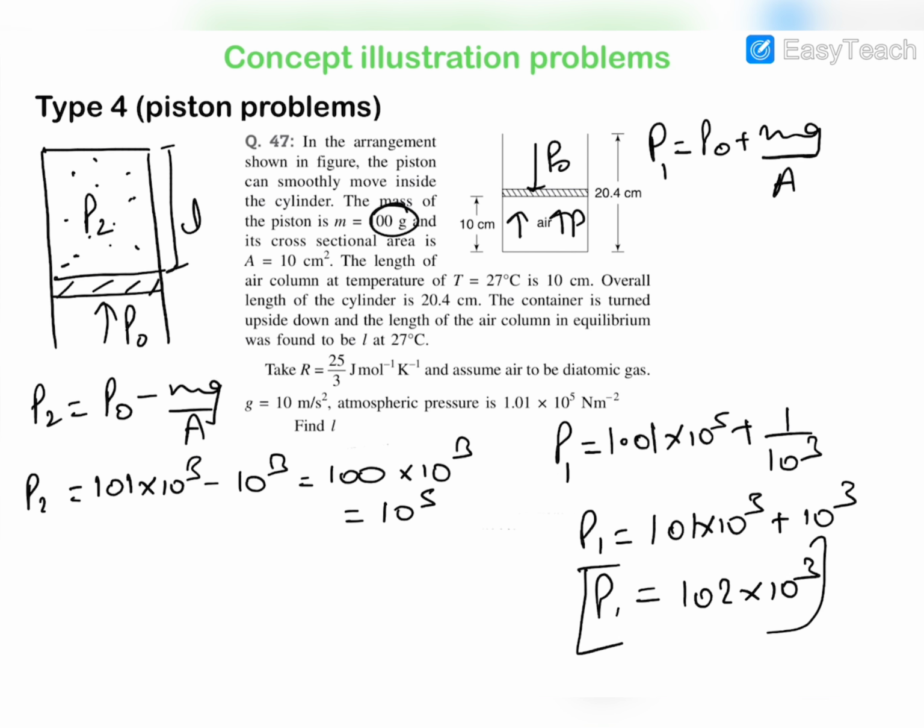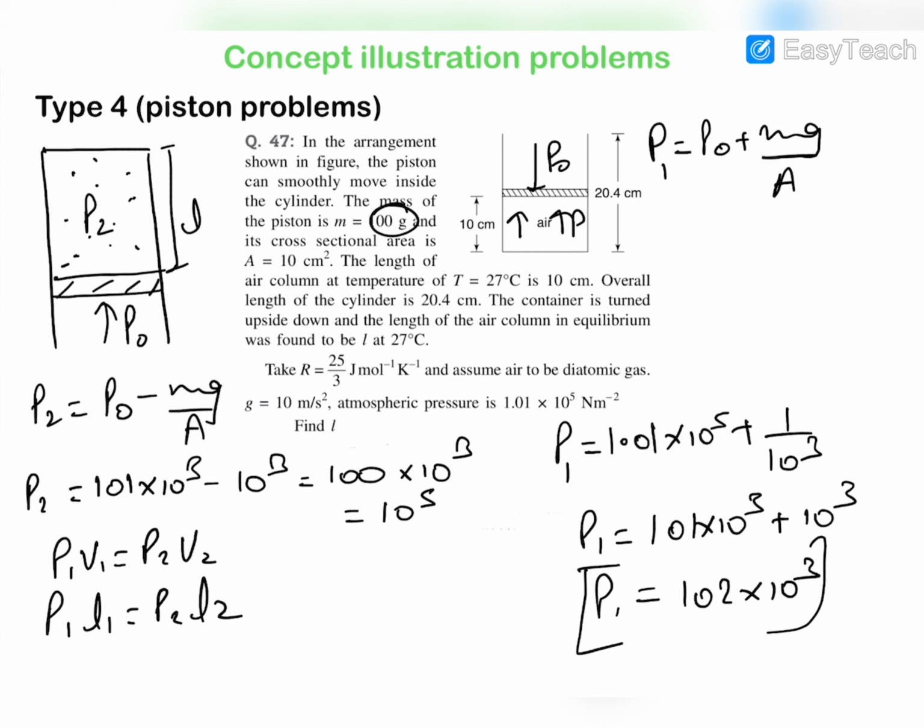And now we can use P1 V1 is equal to P2 V2, and as you know that the area of cross section of the cylinder is constant, so what we can do is P1 L1 is equal to P2 L2.